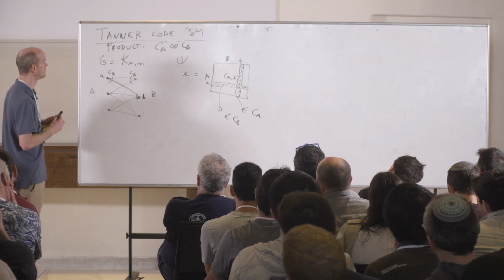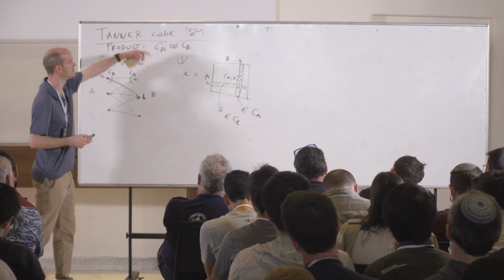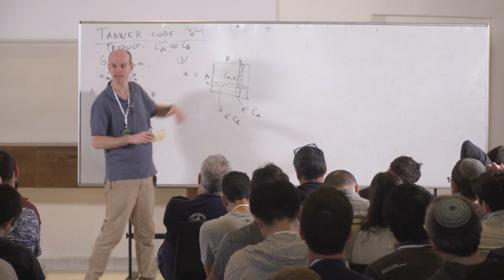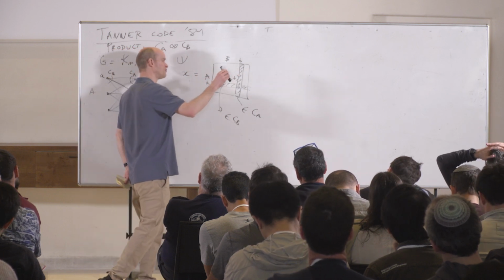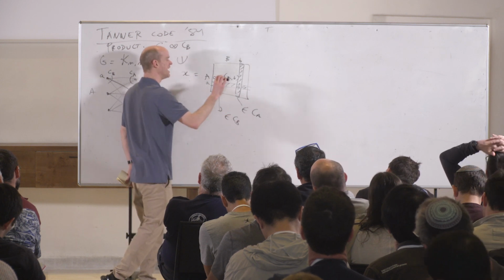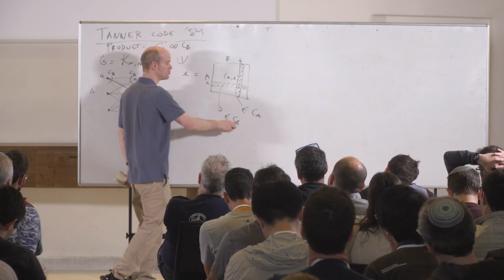That's called the product code, CA times CB. The code words are represented by matrices, and every column belongs to the small code CA, and every row belongs to CB.